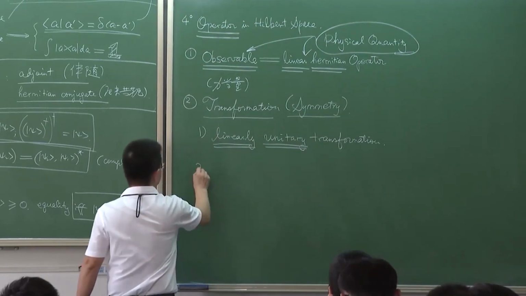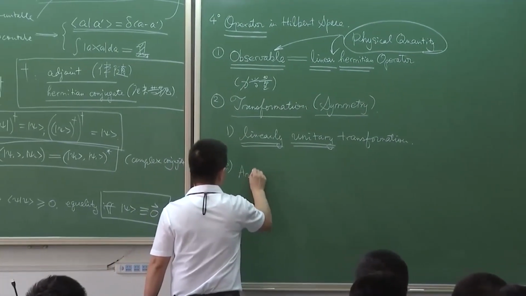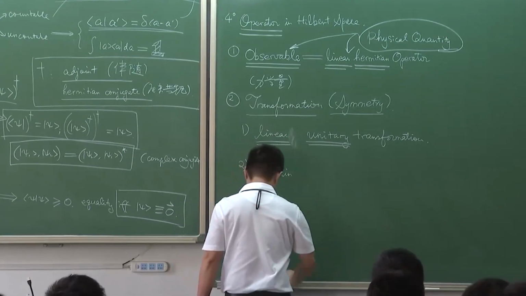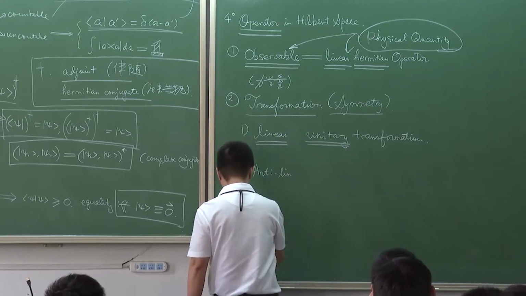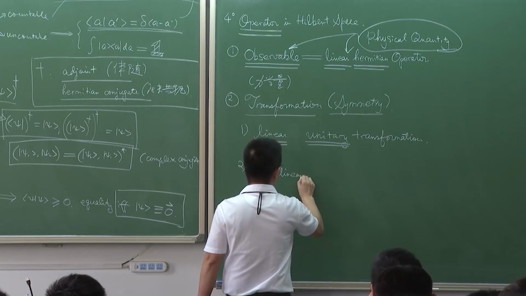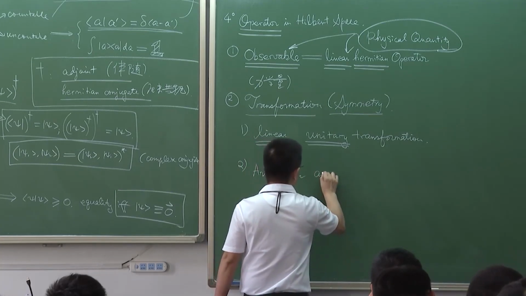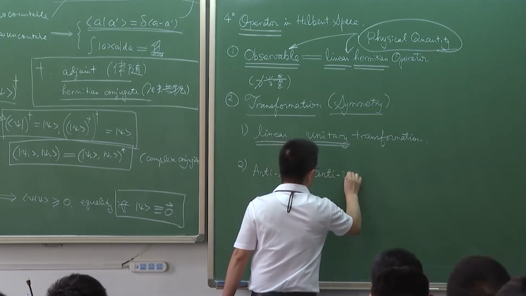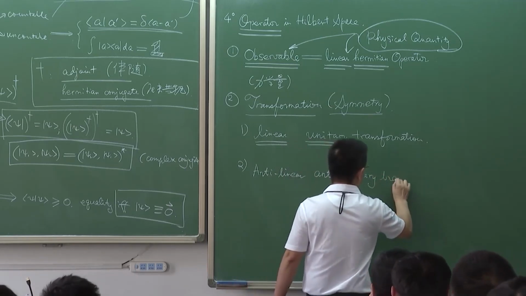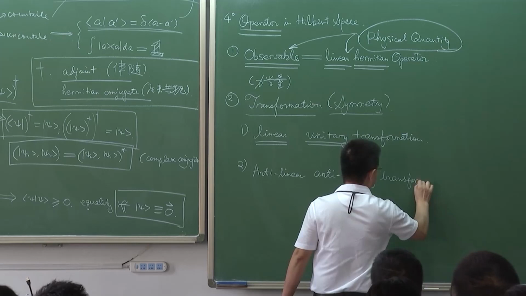And also we have another thing that is the anti-linear and anti-unitary transformation.